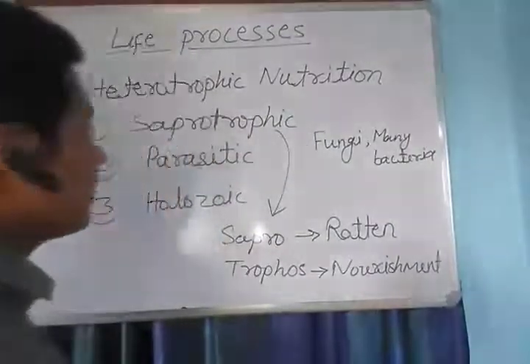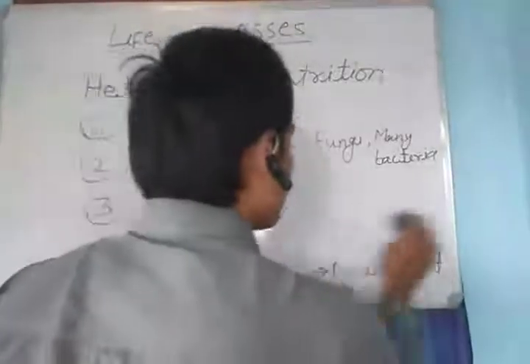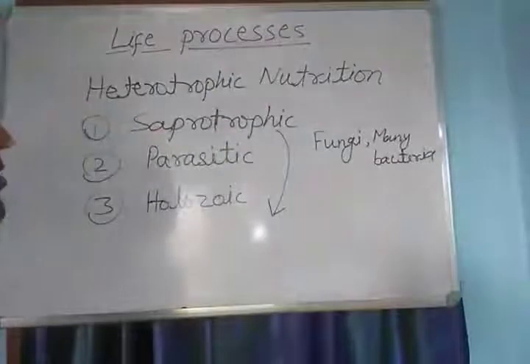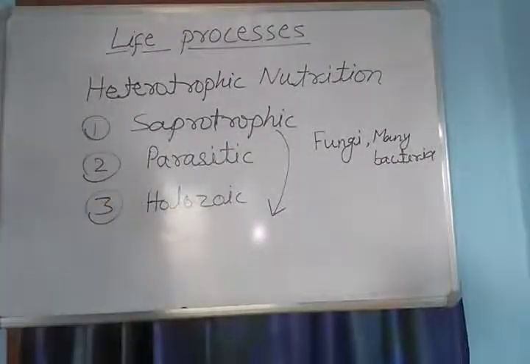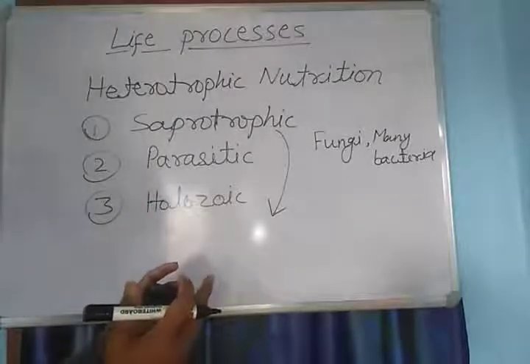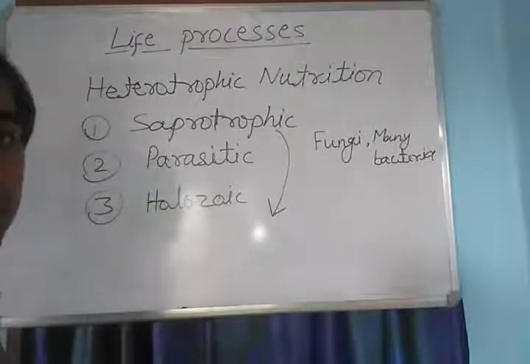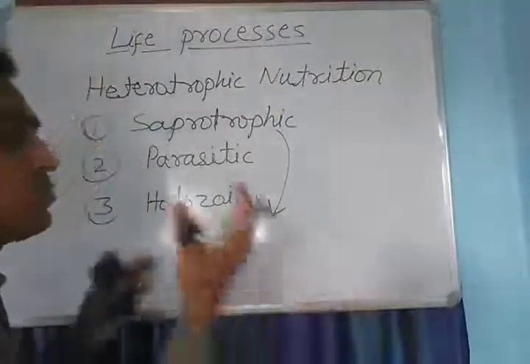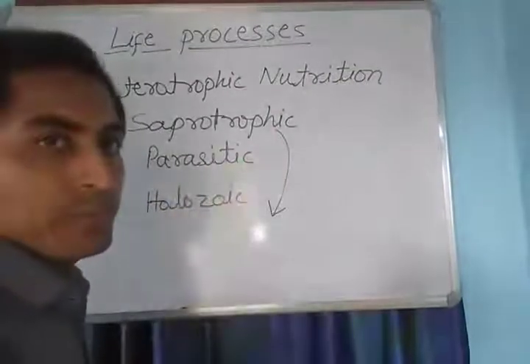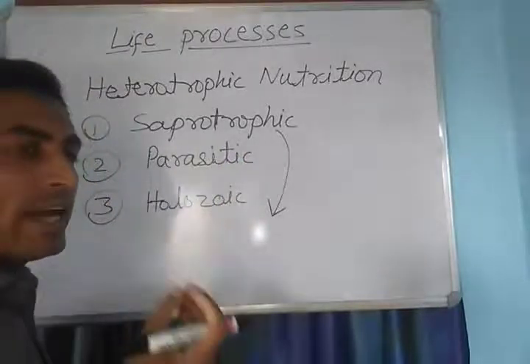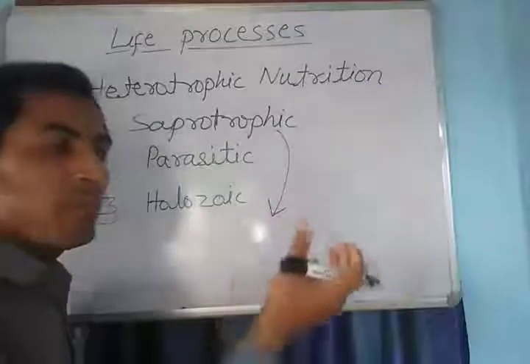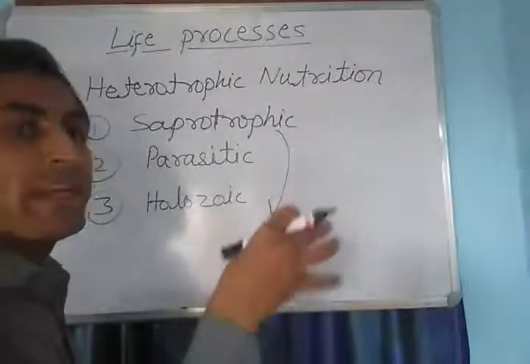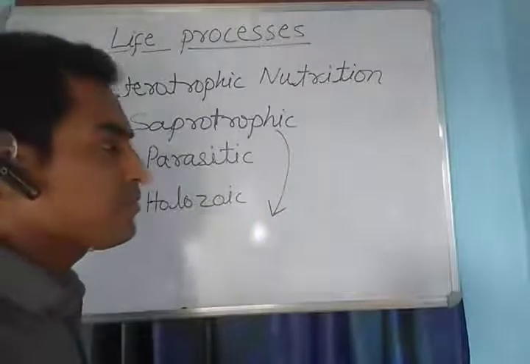So saprotrophic nutrition is a different type of nutrition. In this case, it represents external digestion. Saprotrophs are the organisms which follow this mode of nutrition. They pour digestive enzymes from the body onto the dead or decaying materials.